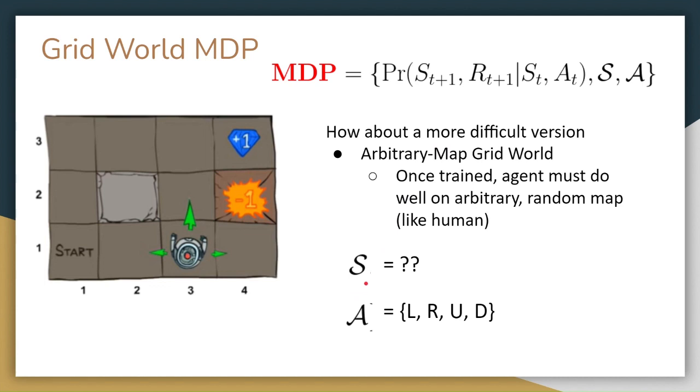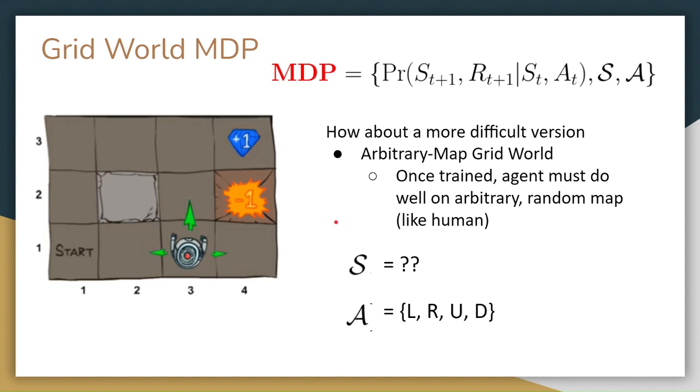If the map is arbitrary, and you know that the agent is in this position, you still don't understand the current state of the game, right? Because you don't know the map. The stone can be next to you, and the winning position can be here, but you don't know.